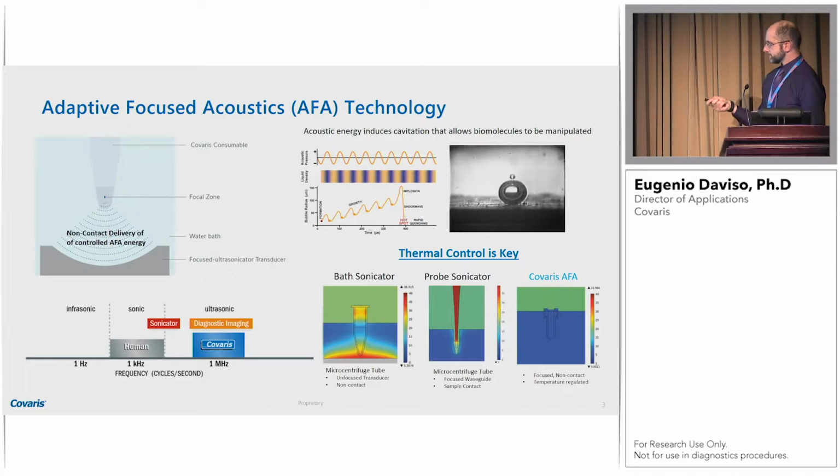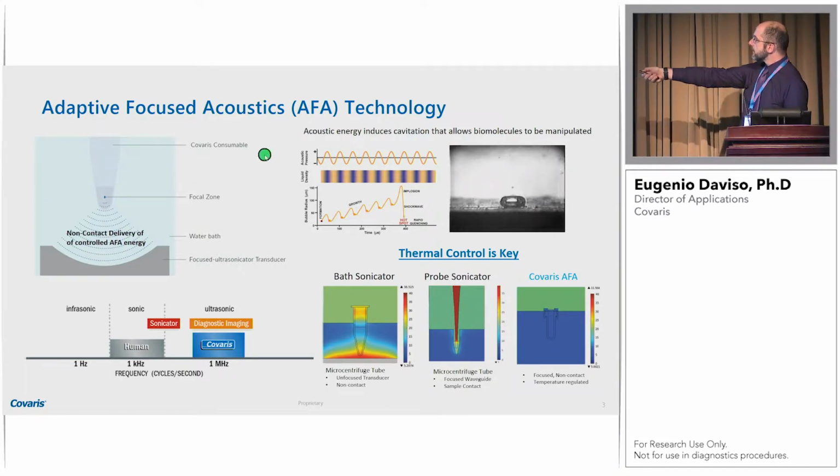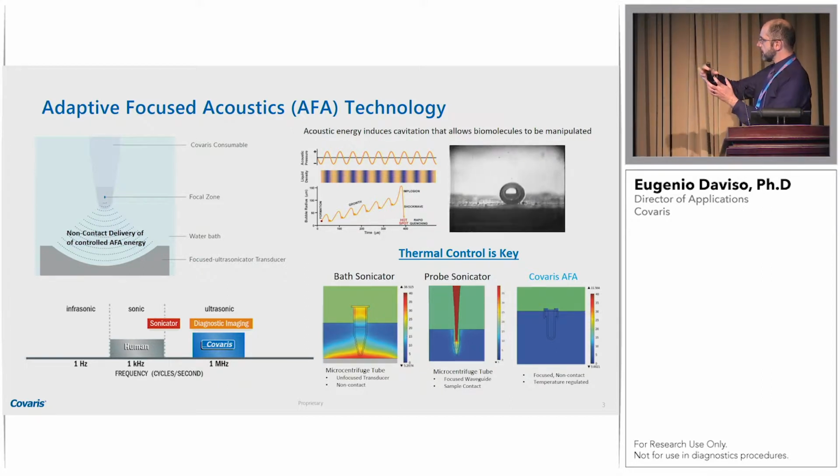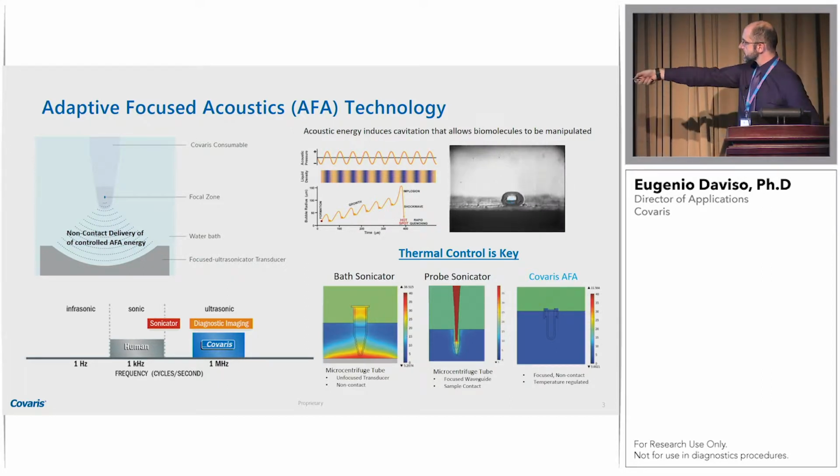What this does, under the right circumstances, when you have a nucleation site, the pressure field that is represented here oscillates between negative and positive pressure and generates a bubble on the surface. This is a nucleation site, and the bubble grows and collapses, as you can see from this graph here.